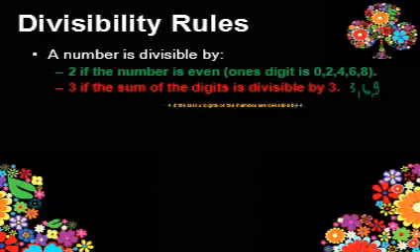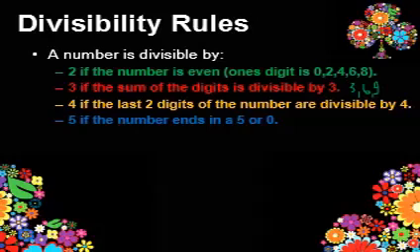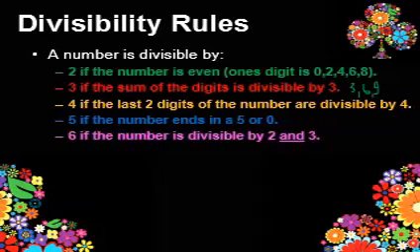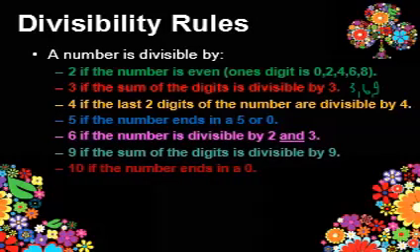And a number is divisible by 4 if the last two digits, the ones and the tens together, are divisible by 4. And it's divisible by 5 if the number ends in a 5 or 0. 6 if the number is divisible by 2 and 3 at the same time. 9 if the sum of the digits is divisible by 9. And the last one, which is 10, if the number ends in a 0.